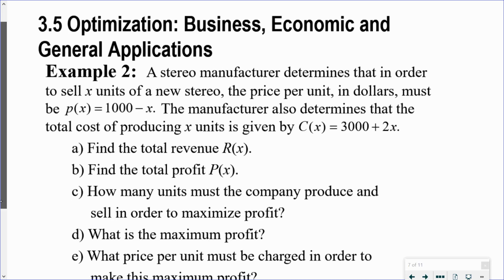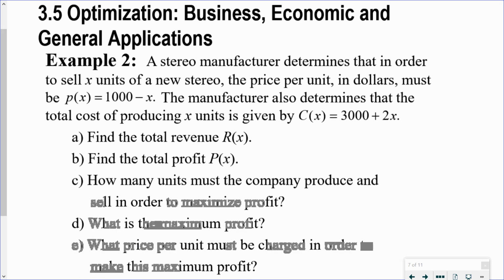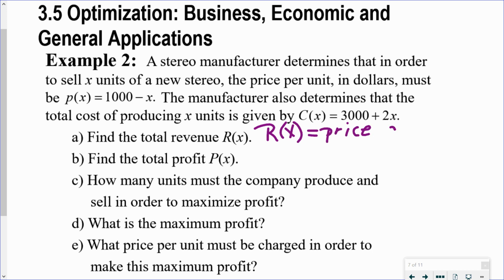This is the other example. Now, we did this last week on Wednesday, but I just want to go back over it. We had the stereo manufacturer. We need to find total revenue. Remember, revenue is price times quantity.